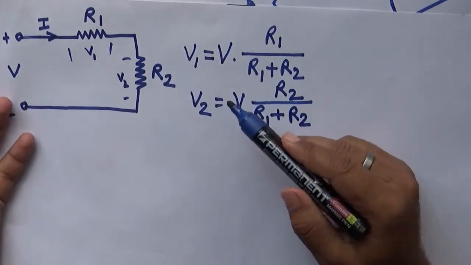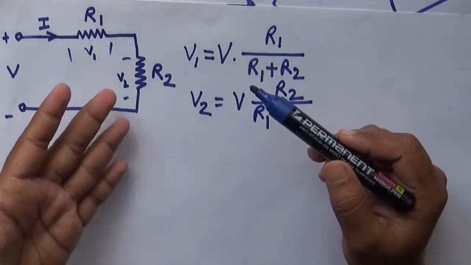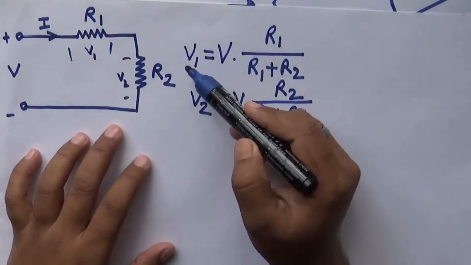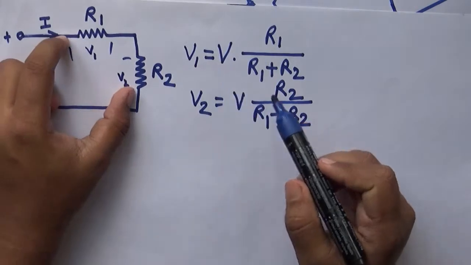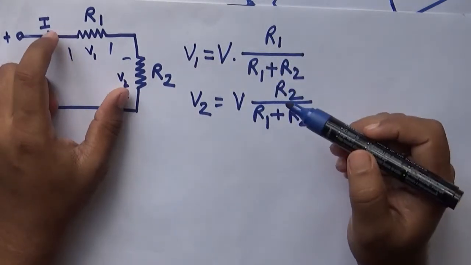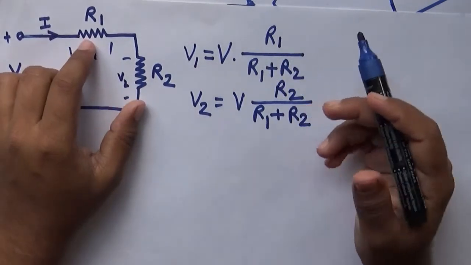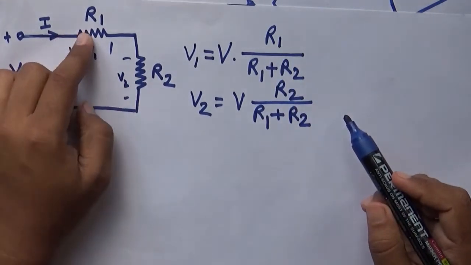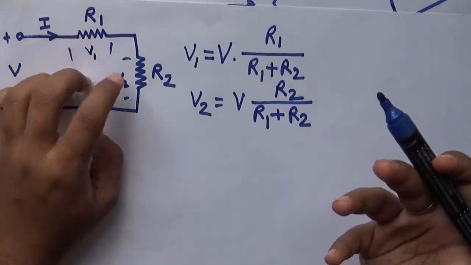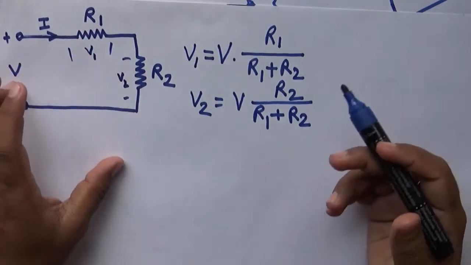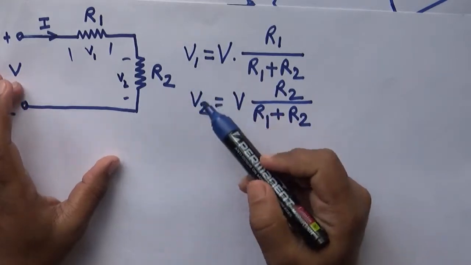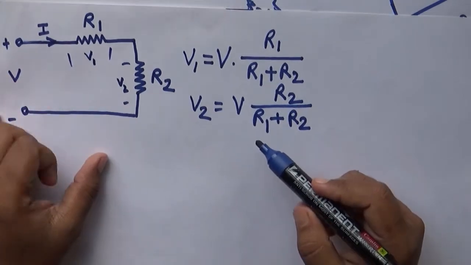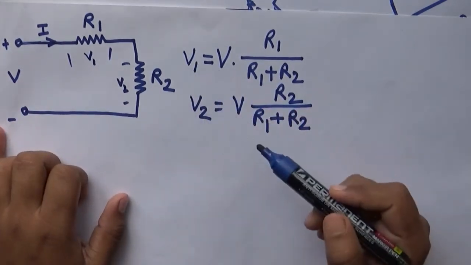We can calculate this V1 and V2. If we know V1 is, say, 5 volts, we can use this formula to find R1 and R2 as well, by putting in different variations of R1 and R2. We can get many V1 and V2 output voltages. We can vary output voltages like this.